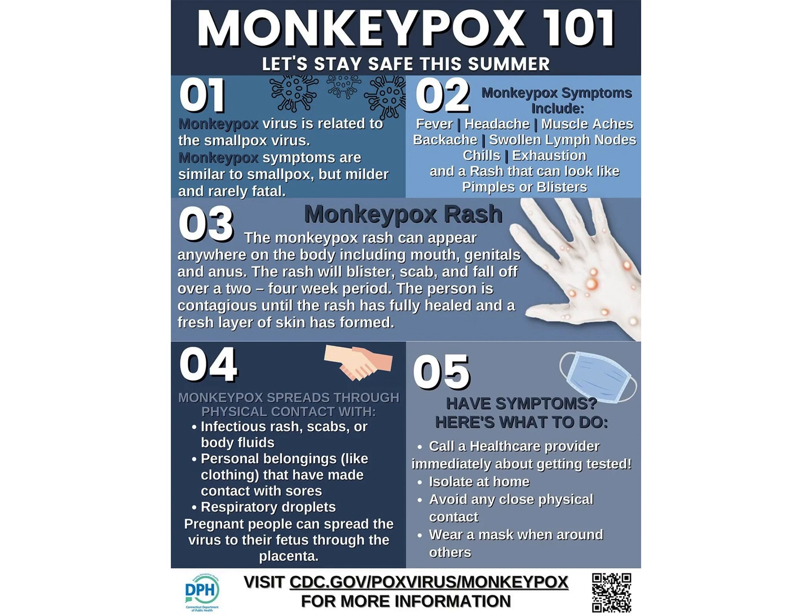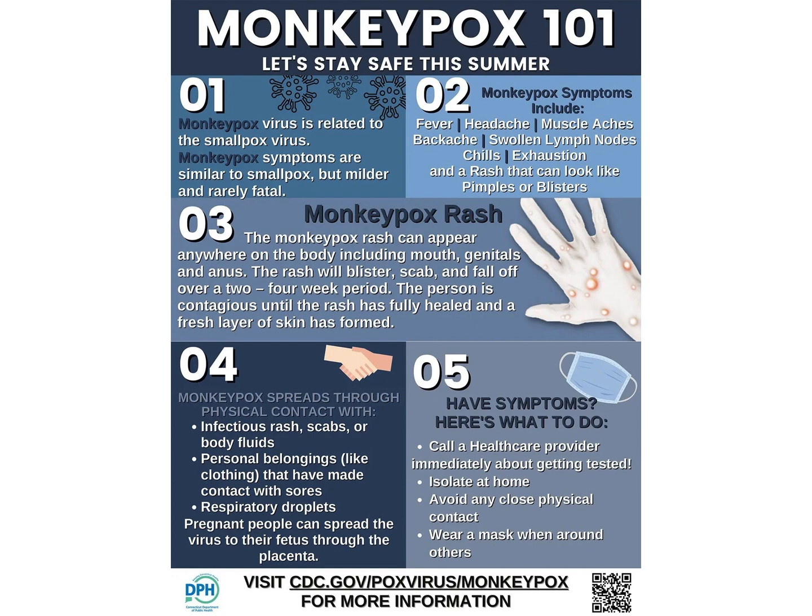Monkeypox 101. Monkeypox virus is related to the smallpox virus. Monkeypox symptoms are similar to smallpox, but milder and rarely fatal. Monkeypox symptoms include fever, headache, muscle aches, backache, swollen lymph nodes, chills, exhaustion, and a rash that can look like pimples or blisters. The monkeypox rash can appear anywhere on the body, including mouth, genitals, and anus.